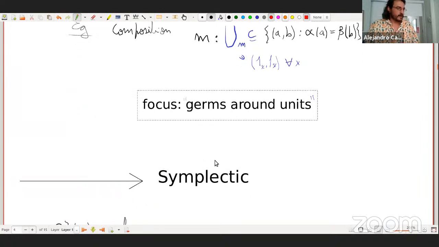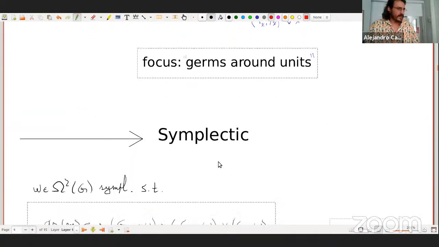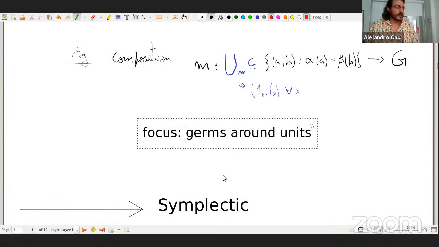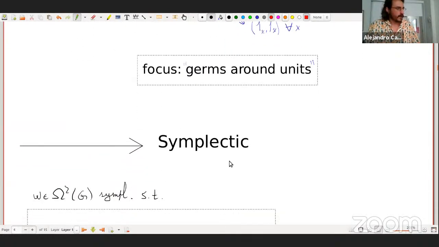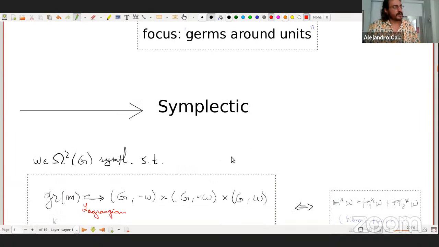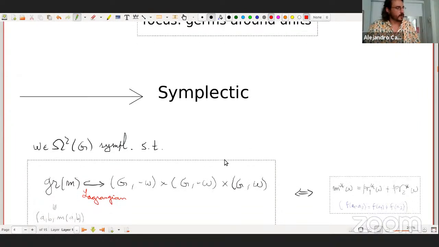So the final simple ingredient is this, I forgot to say, I'm going to show you examples now. So if you're not completely following, don't worry. I hope the examples will clarify this. The symplectic aspect of these local groupoids goes like this.